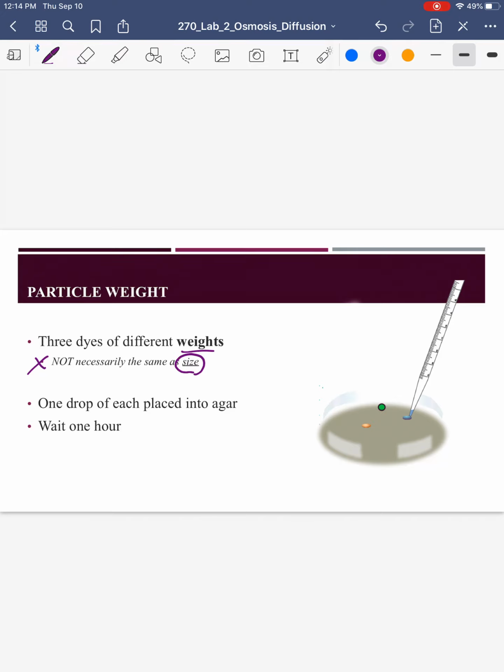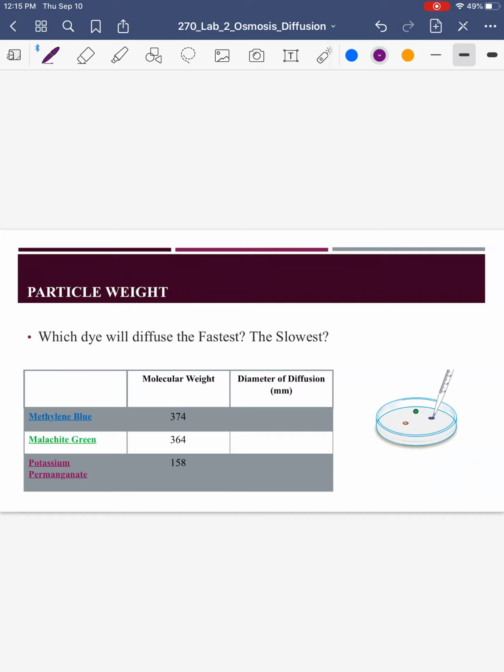Here's how the experiment works. We've got 3 different weight particles, and we're going to put them into a little agar dish. Some call it auger. I say agar, whatever. It's basically like that little jello-like substance. So we poked a hole, and then we put 1 drop of these dyes, and we wait an hour. So here we can see our 3 different dyes.